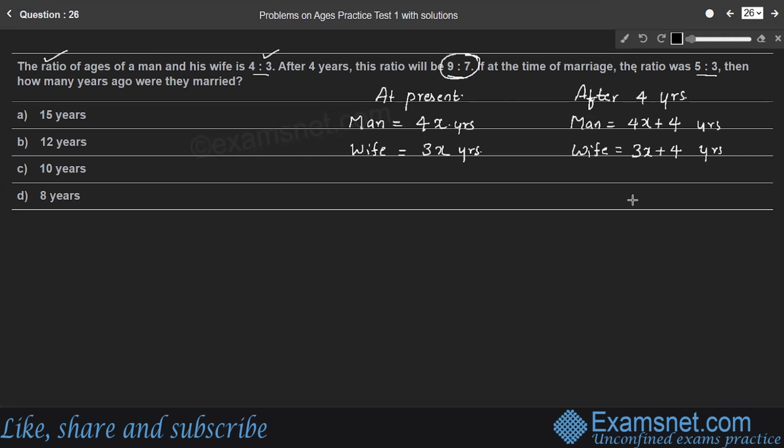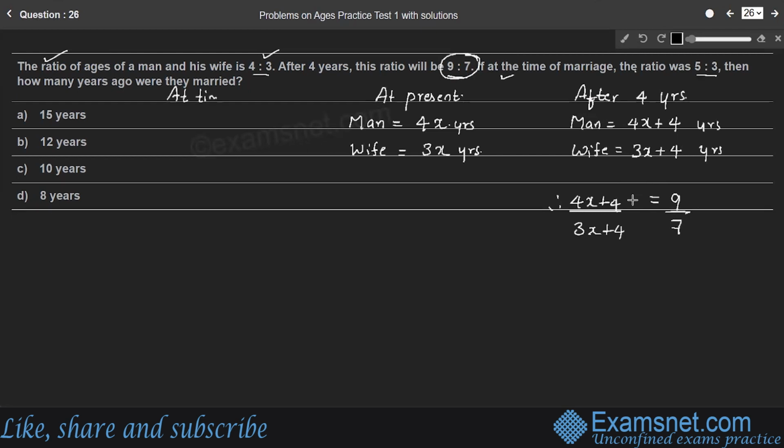Therefore, (4x plus 4) by (3x plus 4) is equal to 9/7. So if at the time of marriage, the ratio was 5:3, we'll consider their ages at the time of marriage.